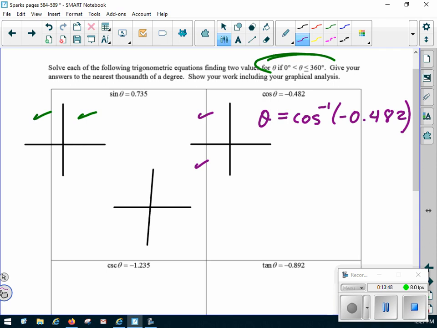I'm done. What do you get for your theta? Is that angle in a quadrant you want it to be in? 118 degrees is in quadrant 2, so I've got one of my answers. But I need the quadrant 3 angle.